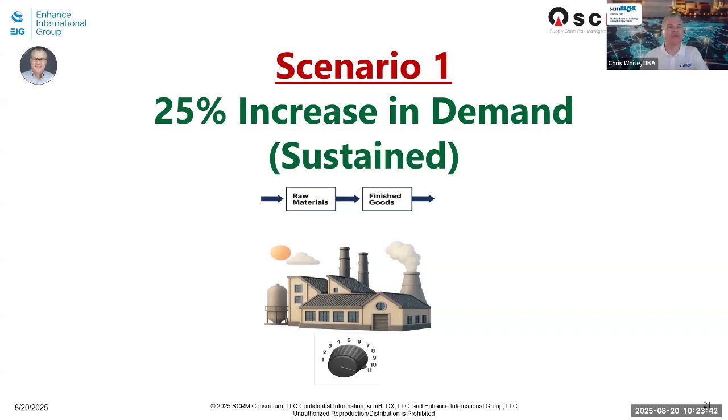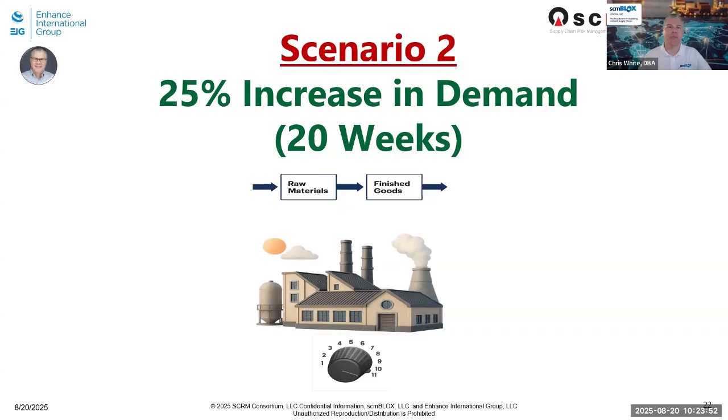We went through one scenario where we just did a 25% increase in demand and let it run through the system. It was sustained. In the next scenario we bumped it up and then dropped it back down, because we wanted to see, when everyone's still adjusting to the increase, what happens if the floor drops a little bit and we decrease and are now heading down. That was our second scenario.